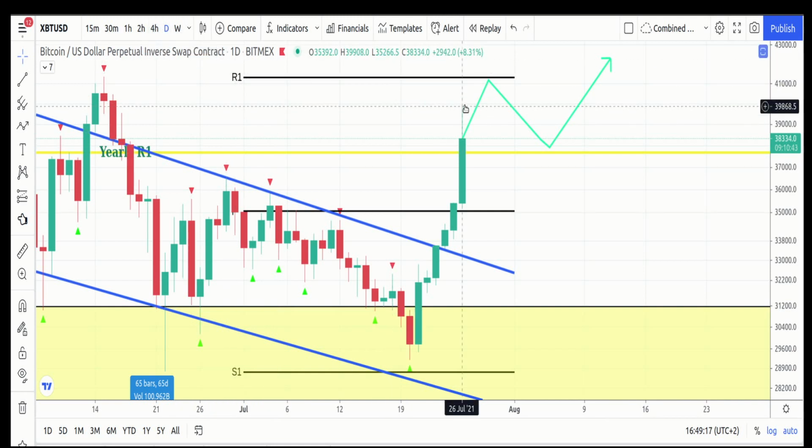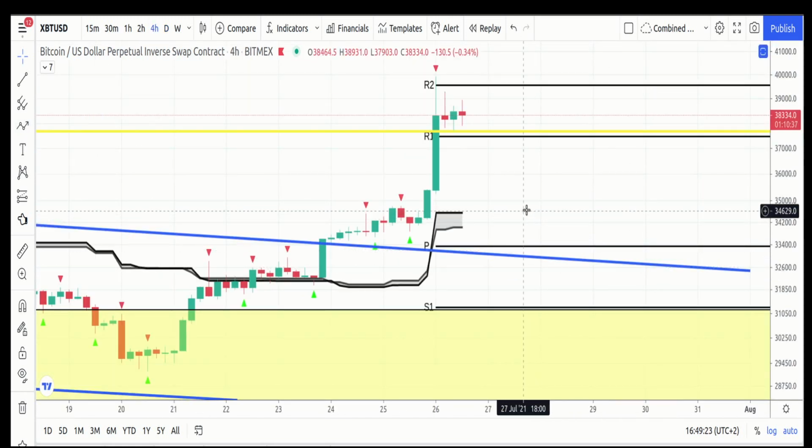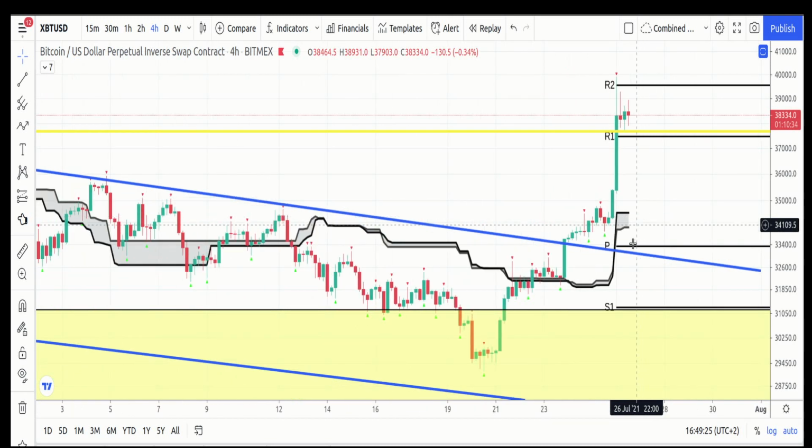Let's go to the 4 hours, get rid of this, and go inside the 4 hours and see what's happening. So in the 4 hours we can see all of this playing out much more clearly. We had the break, we opened the wick above the pivot, this is the weekly pivot here, price has broken above the weekly R1 and above the yearly R1.